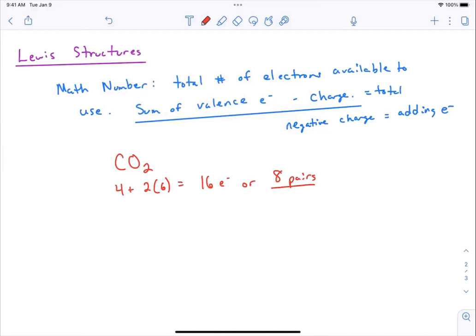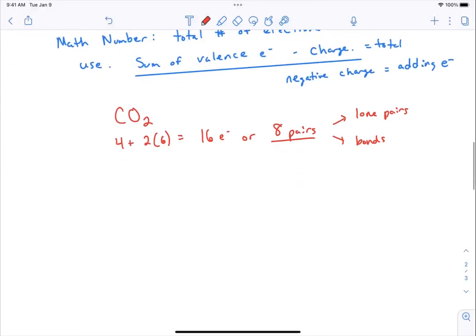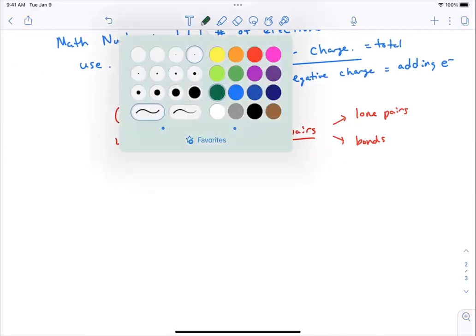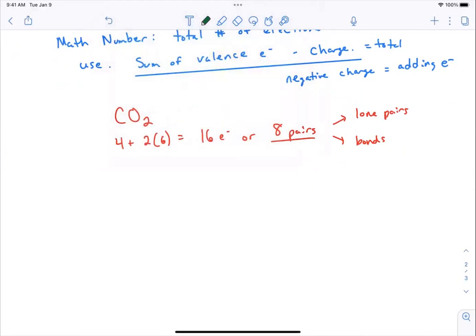So your final structure can only have 8 pairs of electrons in the form of lone pairs and bonds. Those are the only 2 ways you can illustrate 8 pairs of electrons. So always count that up first, because that's going to dictate it. And it feels like a little trial and error, but it's not. There is a method to the madness here, and you'll see it as you do more and more practice. We won't have a lot of time to practice here, but you'll see what I'm saying.